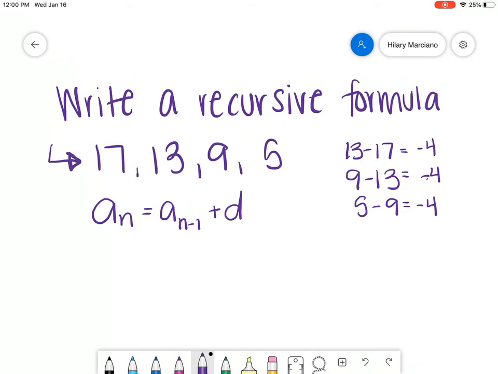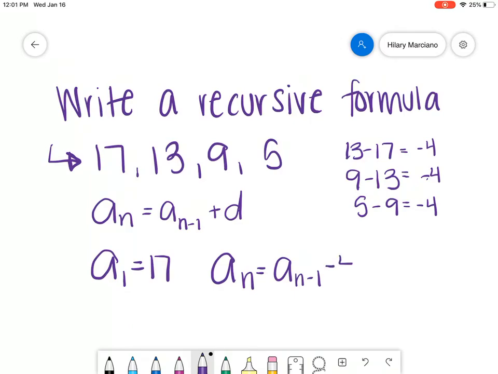So that's our a sub 1. So our recursive formula would be a sub 1 equals 17, and then a sub n equals a sub n minus 1 minus 4, because we're plugging in here.